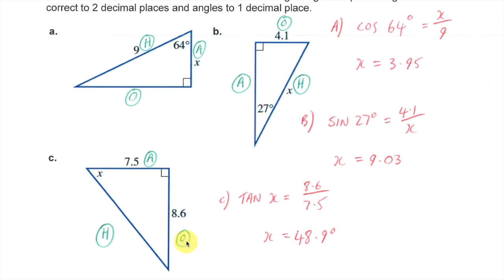We have a known opposite and a known adjacent. So tan of the unknown angle x is equal to the opposite over adjacent. Solving for x, we get 48.9 degrees. You can use the solve function or the NSolve function on your CAS, or you can just go inverse tan of 8.6 over 7.5 to get that 48.9 degrees.